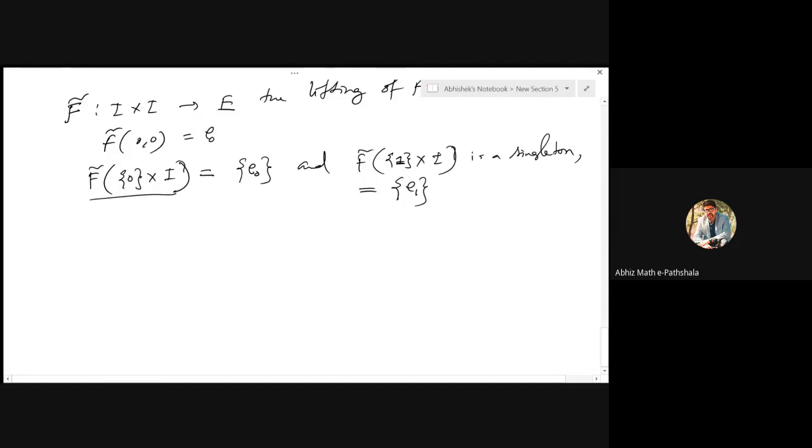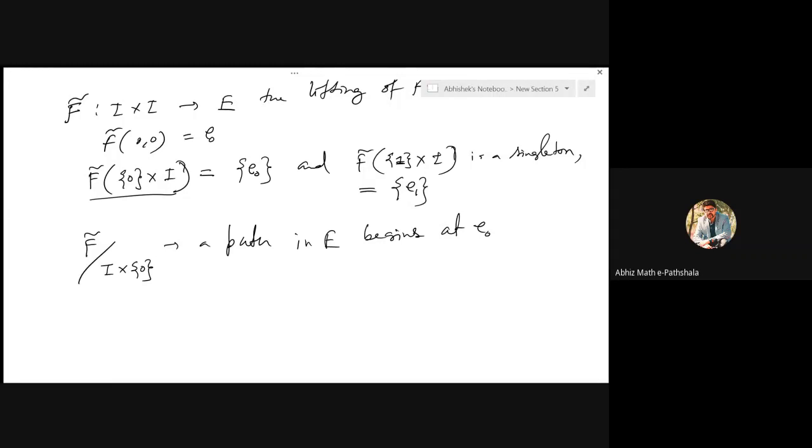So now the restriction of F tilde to I cross 0. What is I cross 0? That is the bottom edge of the unit square. So this is a path in E which begins at e0, since F tilde of (0,0) is e0.